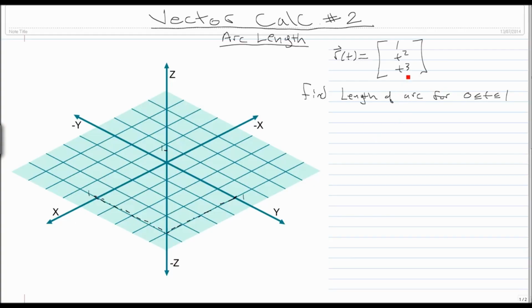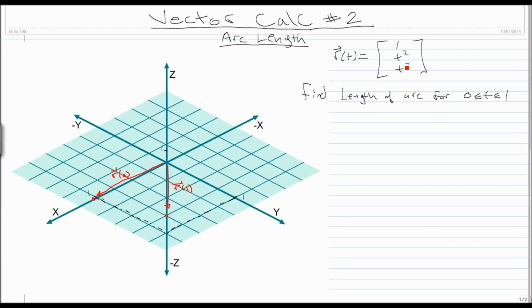Okay, so you can see here that when t is 0, you're at the point 1, 0, 0. So here's our position vector for t equals 0. And then you can see that at t equals 1, you're at the point 1, 1, 1, which is somewhere here. So our position vector does something like that.